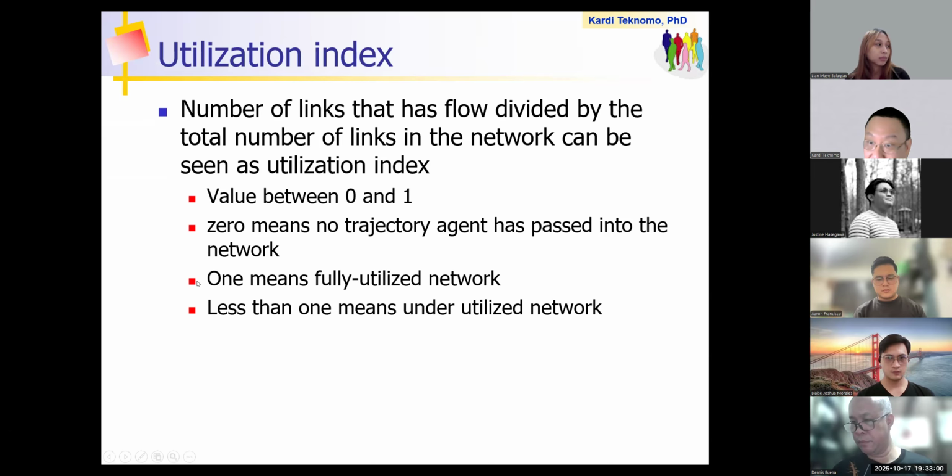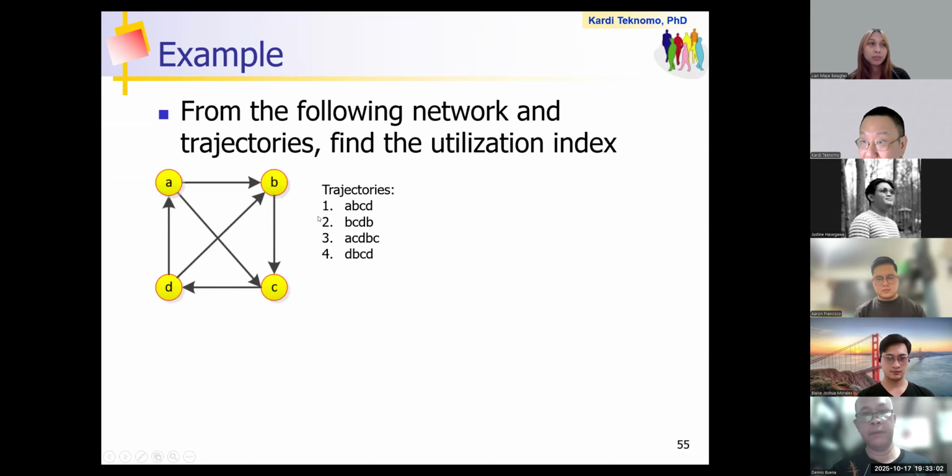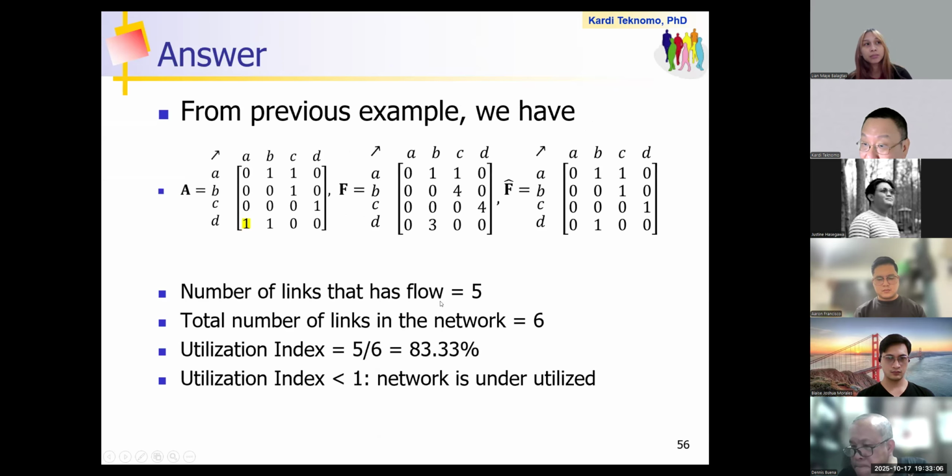Using the same example, the number of links that has flow is 1, 2, 3, 4, 5, while it is supposed to be 6. In that case, the utilization index is only 83%. Because this is less than 1, the network is underutilized. Is this clear?